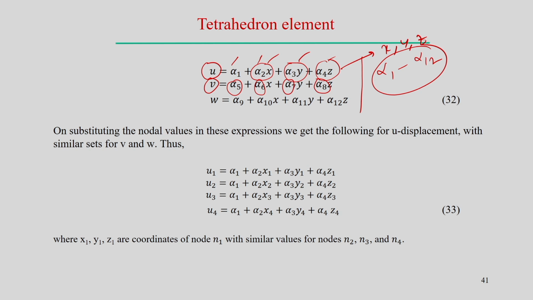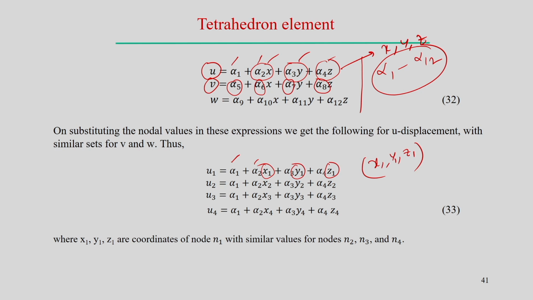So, if we pick a particular node point, for node point 1, it can be represented like this: alpha 1 plus alpha 2 into x 1, plus alpha 3 into y 1 and alpha 4 into z 1. Basically x 1, y 1 and z 1 are defined over the geometry, the coordinates of node 1, so they are known terms.